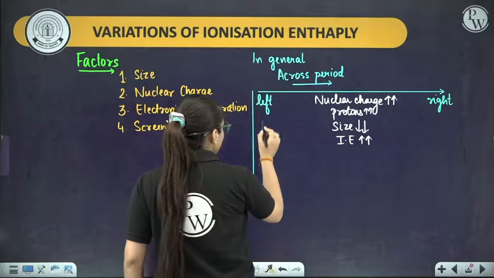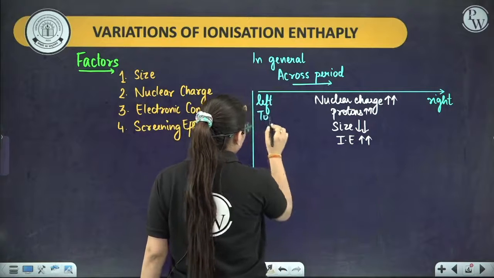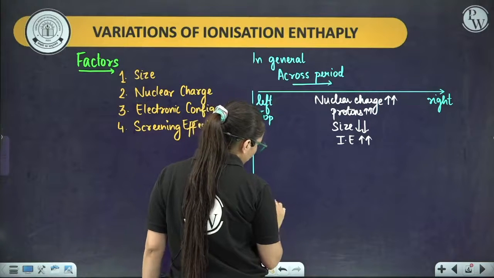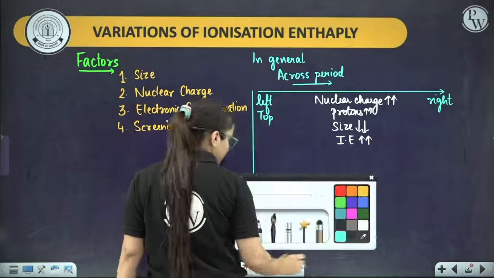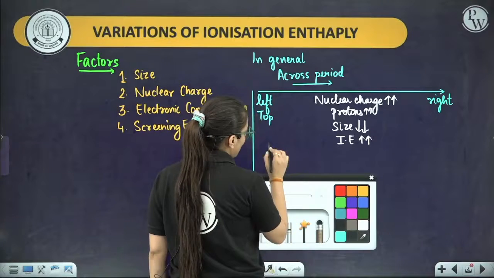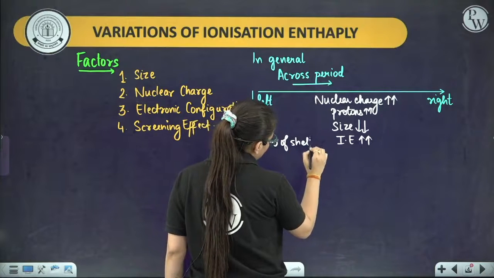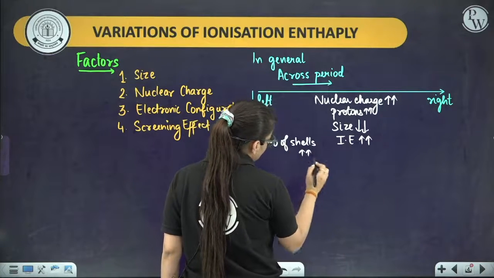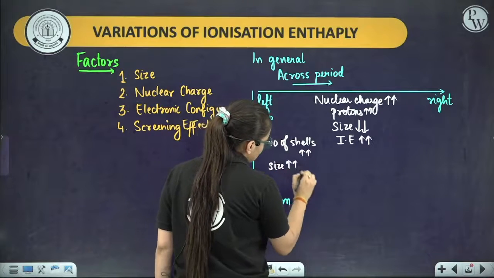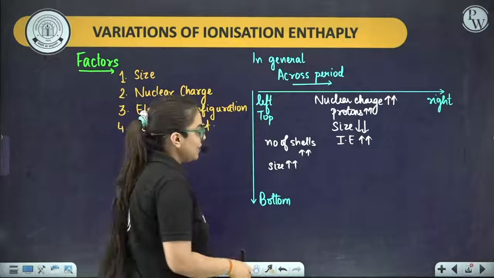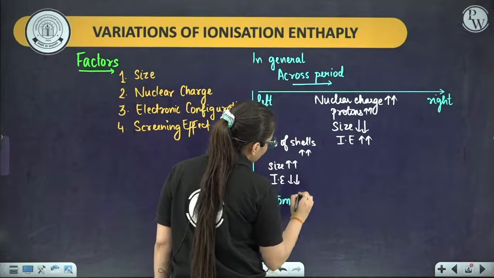When you are moving from top to bottom, the number of shells increases. And as shells increase, size will also increase. And if size is increasing, ionization energy or enthalpy will decrease.